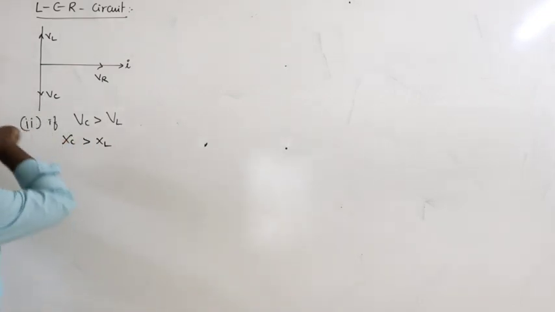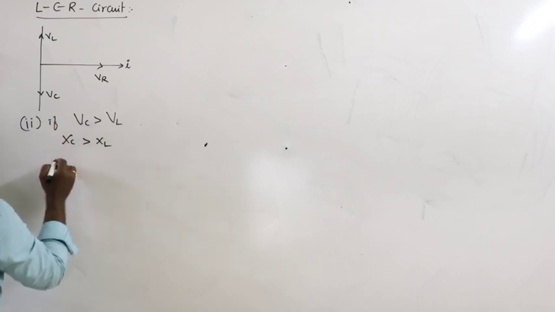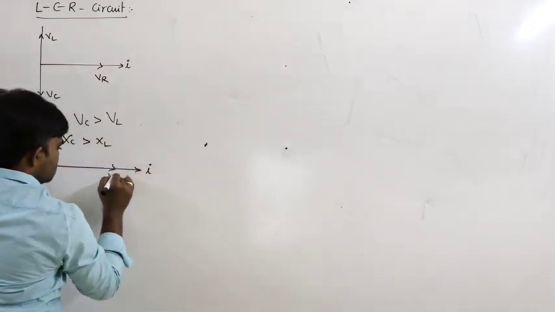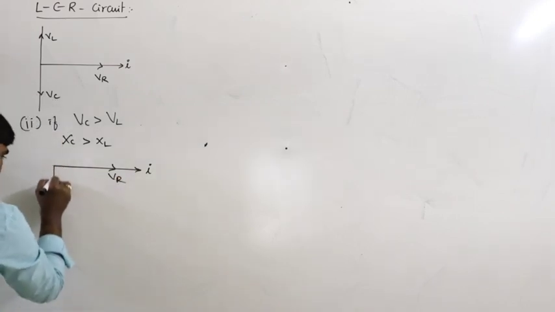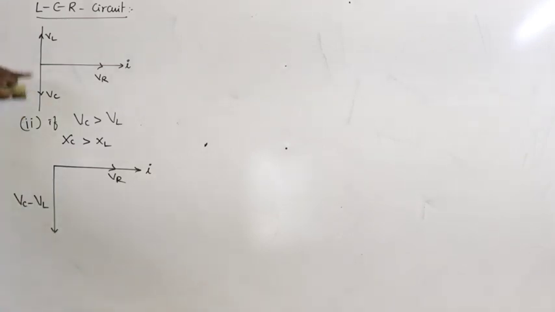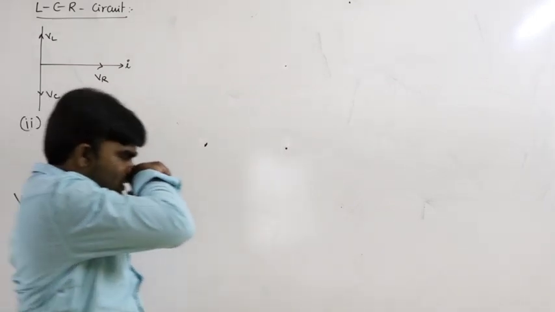Here, what does the phasor diagram become? This is I and this is VR, no change here, and this becomes VC minus VL. Here VC is greater than VL, that's why the phasor diagram has a shape like this. This is VR and this is VC minus VL.